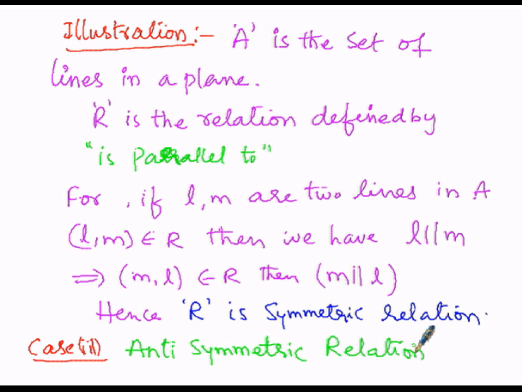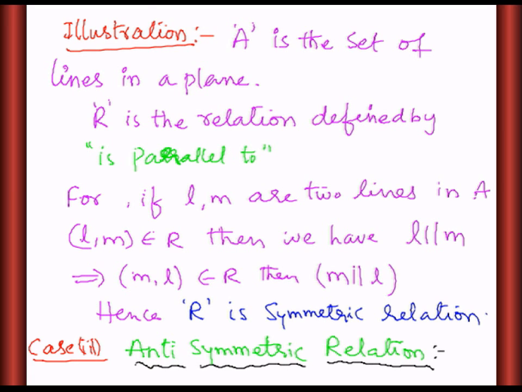In this anti-symmetric relation, when we consider the relation R in A, if A, B, an ordered pair, belongs to R and also B, A belongs to R, then A and B must be equal. Only then is such a relation called anti-symmetric.